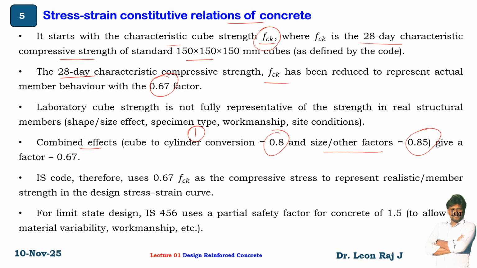If FCK is multiplied by 0.8 into 0.85, that is equal to 0.67 FCK. The IS code therefore uses 0.67 FCK. For limit state design, IS 456 uses a partial safety factor for concrete, that is 1.5.